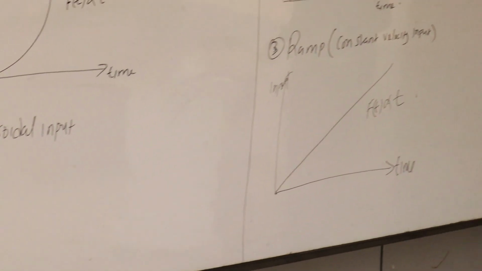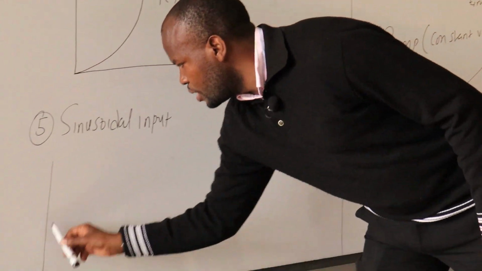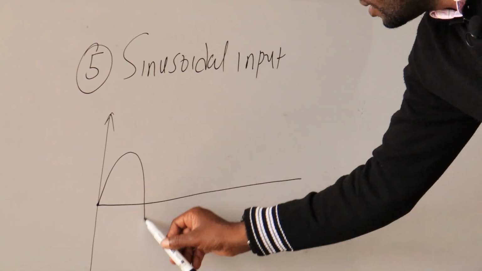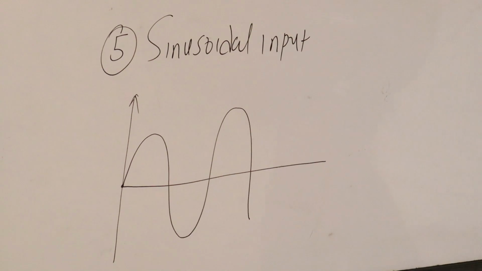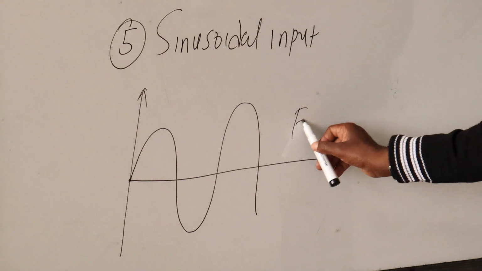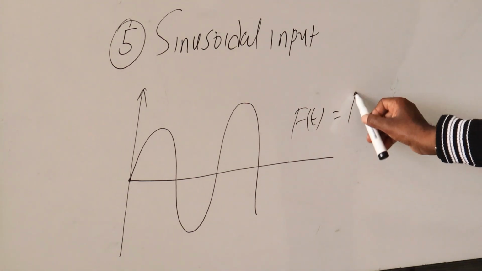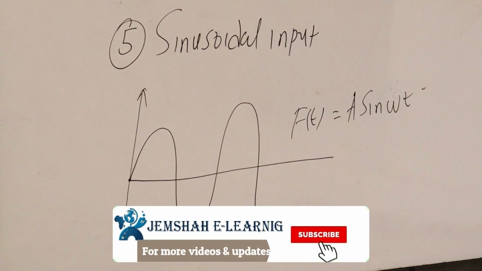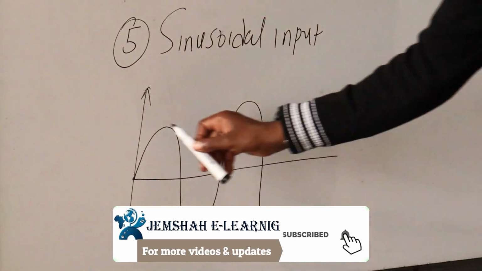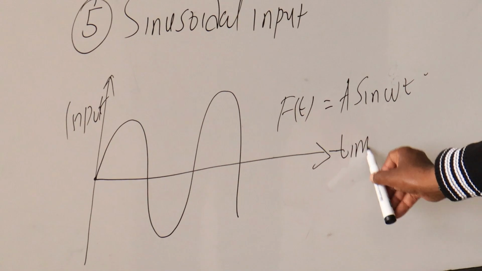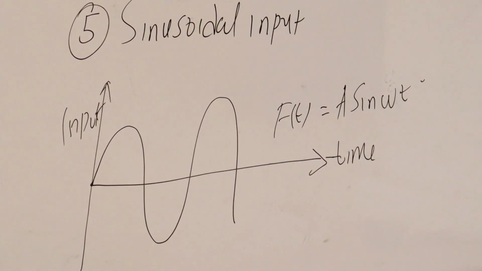So we have an input that is sinusoidal in that manner, where the function f of t is equal to A sine omega t. This is the input, and this is the aspect of time.